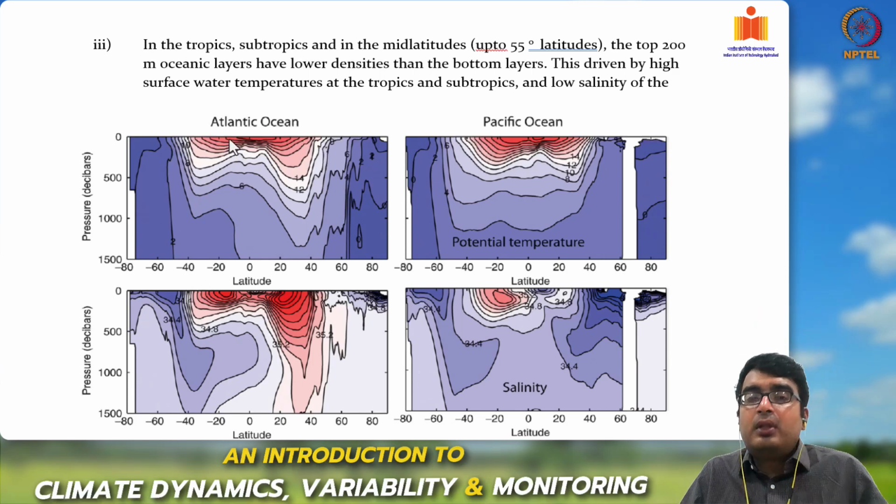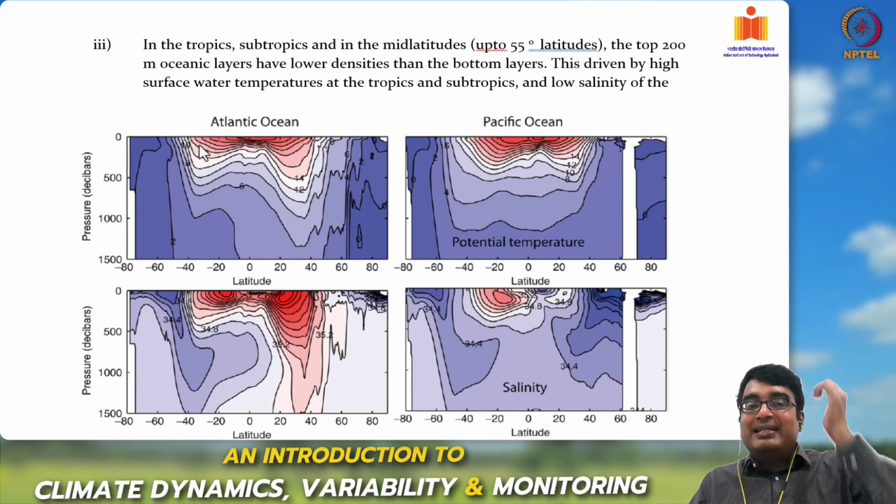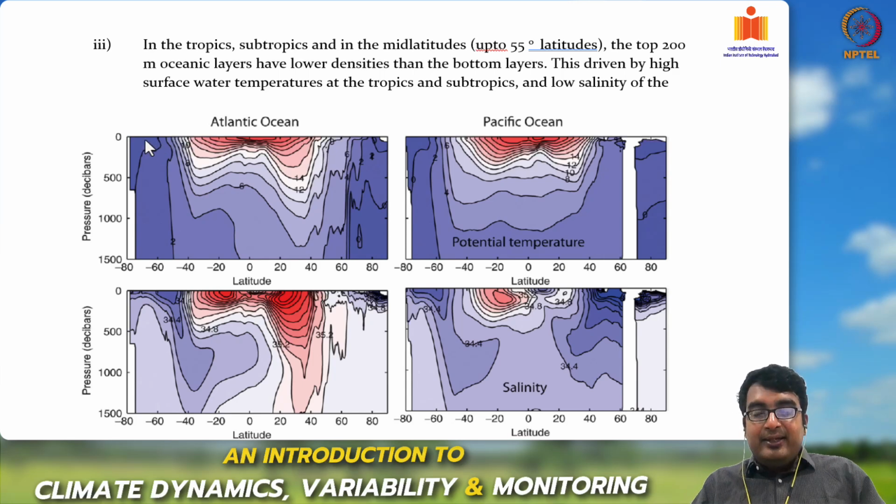Beyond that, the mixed layer temperature decreases very quickly and goes down to 0 degree centigrade by the time you reach 70 degree north or 70 degree south latitudes. And this is true also for the Pacific Ocean as well.